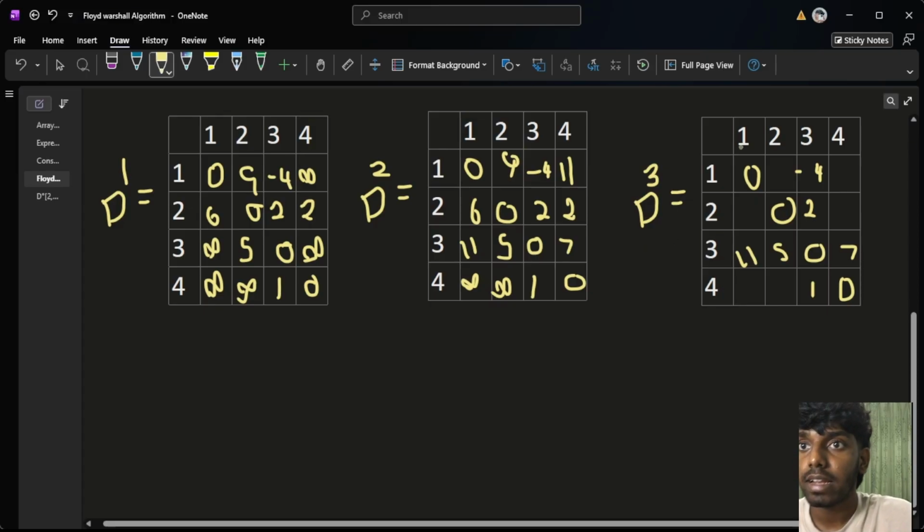For that, we're going to use D2 for our formula.